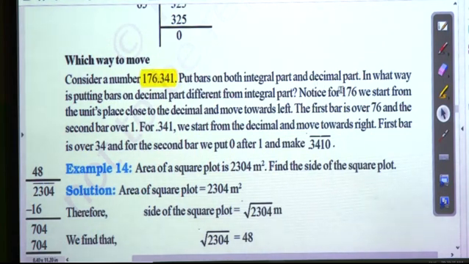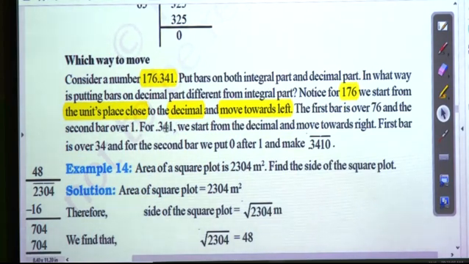Notice for 176, we start from where? The units place closer to the decimal and move towards the left. From this we go like this: first bar on 76, then on 1. We are going on the left hand side. The first bar is over 76 and the second bar is over 1.